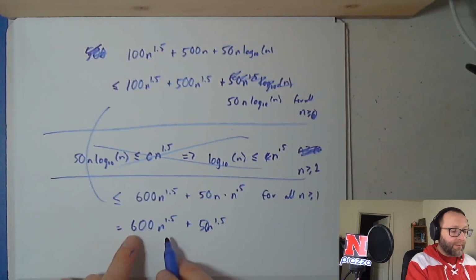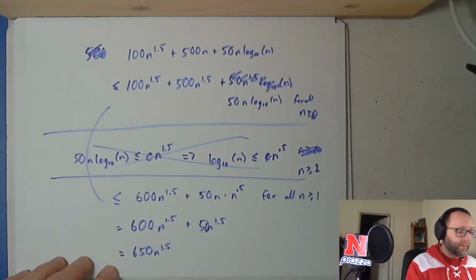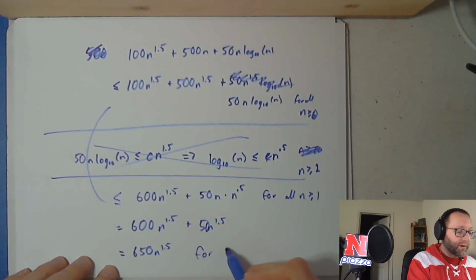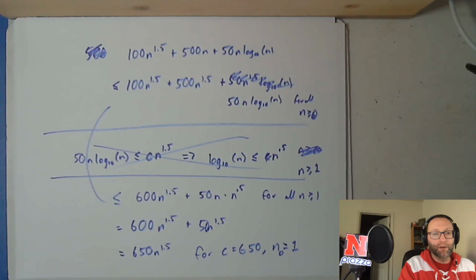And that allows me to match with this one, and this is now equal to 650 n to the 1.5. So for C being 650 and n naught being 1, the inequality is established.